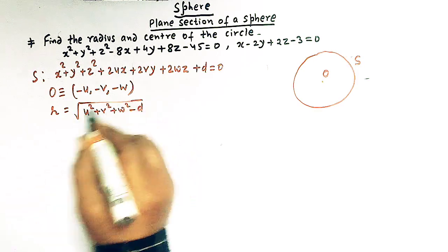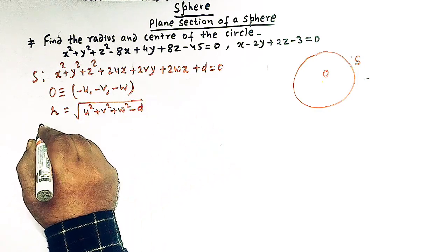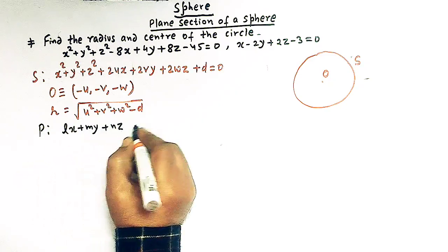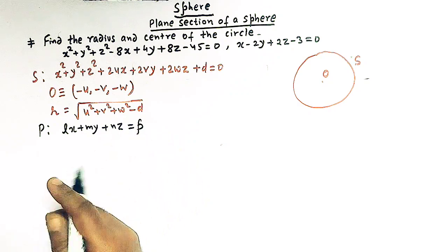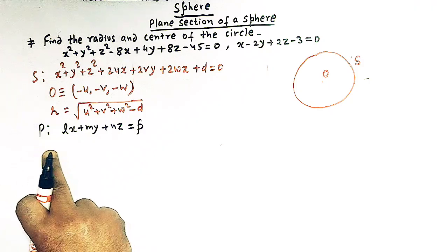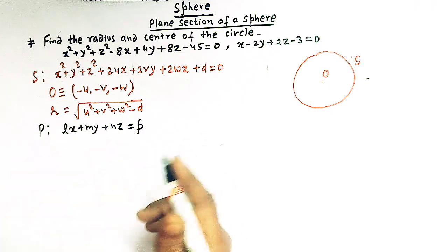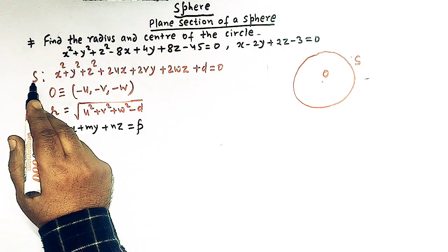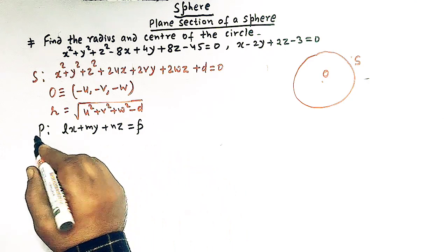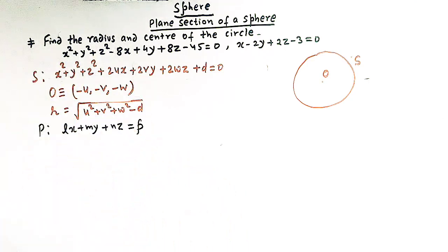So now consider a plane whose Cartesian equation is given by Lx plus My plus Nz is equal to P, right? So now here we have a sphere that is S and a plane P, right? Now whenever a plane P intersects a sphere S, then we always get a circle, right? Suppose this plane P cuts this sphere S, then the section of the sphere so obtained is known as a circle.